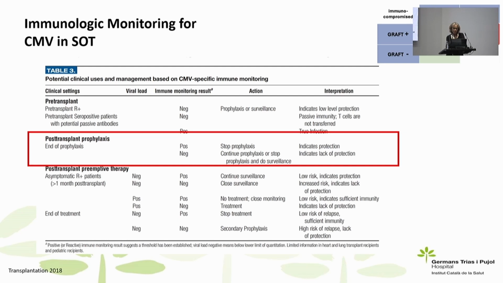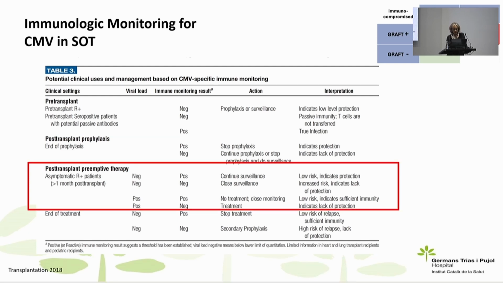That means if the CMI is positive, we can be sure that the patient is protected, so we can stop the prophylaxis. But if the CMI is negative, we cannot. We need to continue prophylaxis and the surveillance of the patient, because the patient is not protected at all.